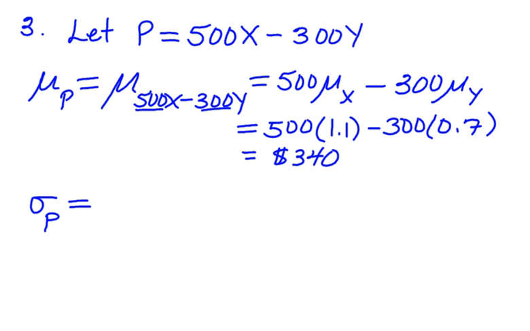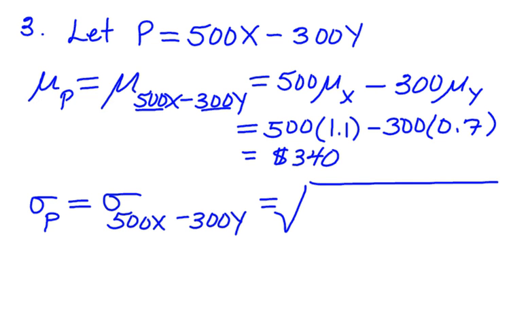Sigma P, we want sigma of 500x minus 300y. Remember that we go back to variances. So this is the square root of the variance of 500x added to the variance of 300y.